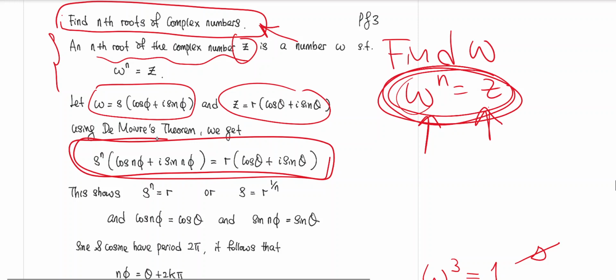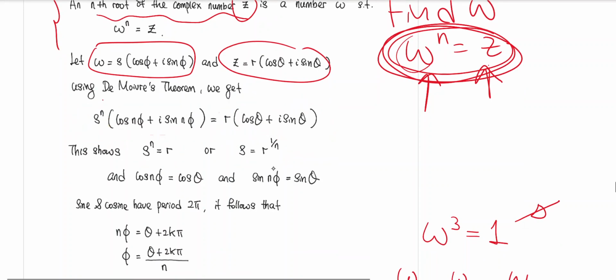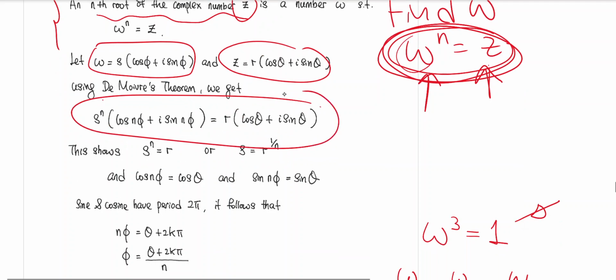You better make sure your s^n will be r. That will give us s equals r to the power of 1 over n. And for comparison, if you want this equality to hold, you better make sure cosine n phi equals cosine theta, and sine n phi equals sine theta.